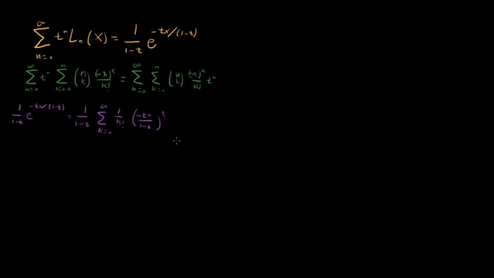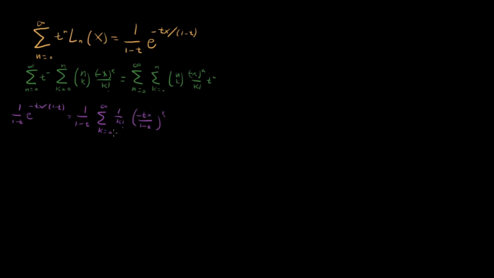Okay, so this is just substituting in the fact that the Taylor series for e to the x is the sum of x to the n over n factorial. So here our x is this argument up here, so that's what's going on here.